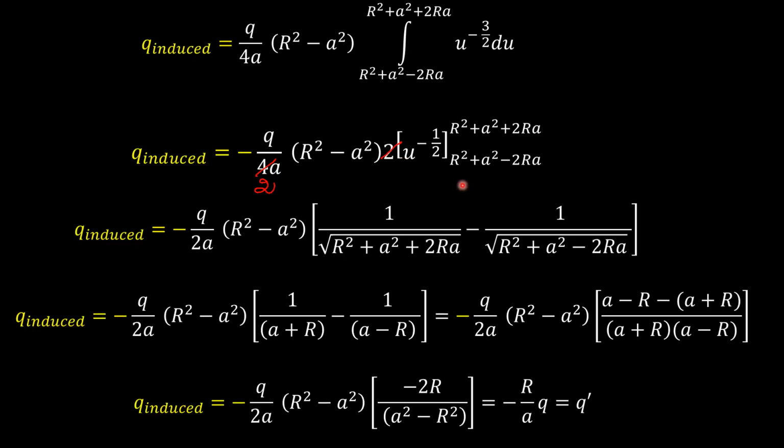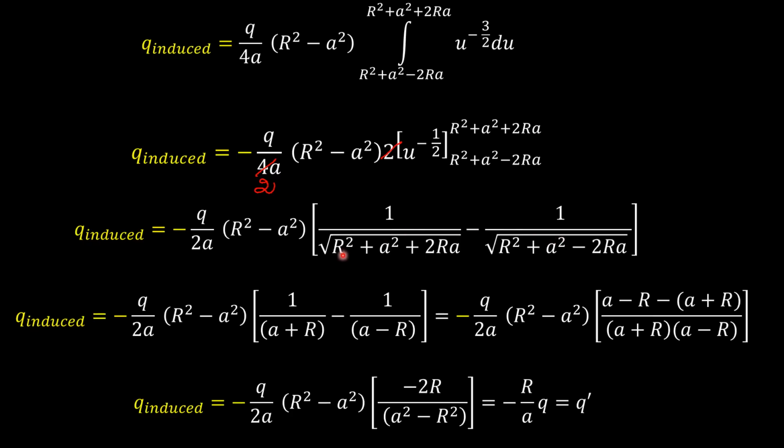Then first you apply the upper limit. That is, u to the power minus half is 1 over square root u. So this is equal to 1 over square root of the upper limit, capital R squared plus a squared plus 2Ra. Then minus the lower limit, 1 over square root of r squared plus a squared minus 2Ra.